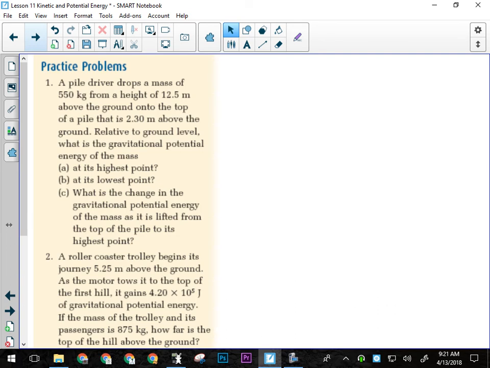I want you guys to try question number 1 here. It's about a pile driver, not the wrestling move. But the wrestling move, oddly enough, looks just like what a pile driver does. It takes a really big mass and drops it onto something else, a piling in this case. When they're building skyscrapers, they want to put pilings or footings into the ground below the frost line, so that when the ground freezes, it doesn't heave and push the building around.